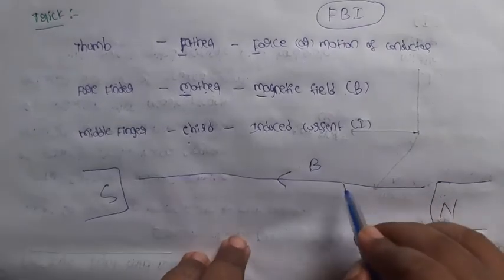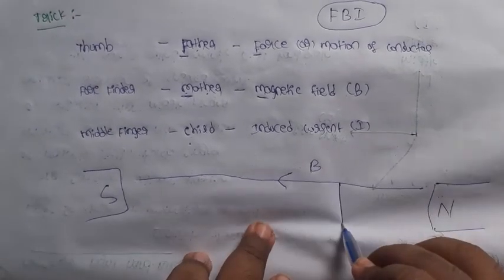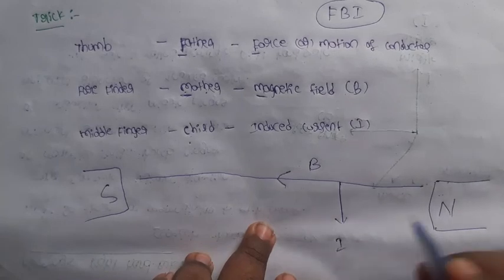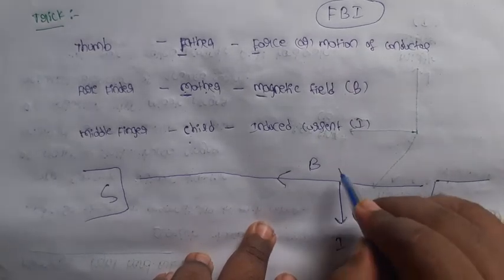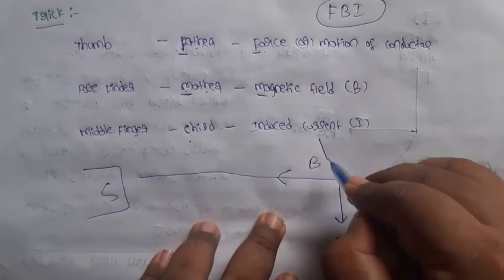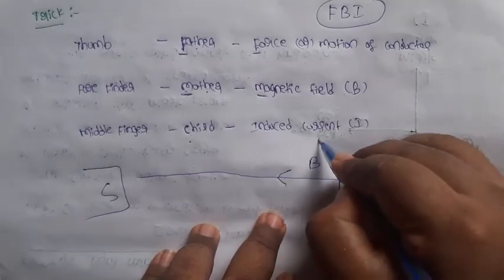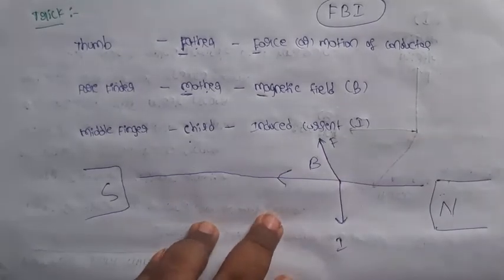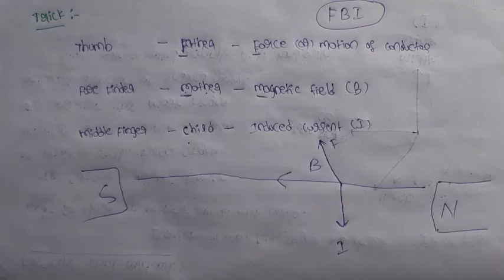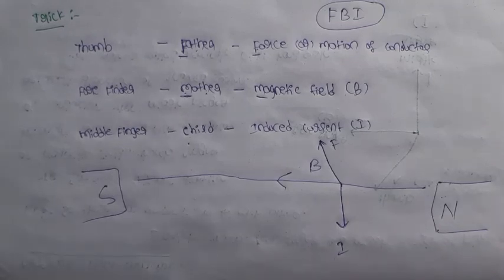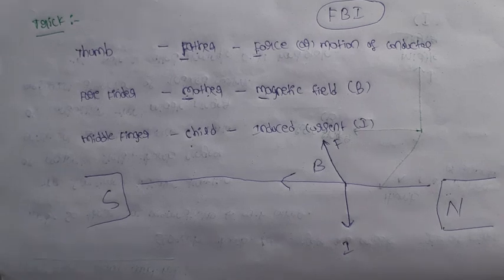From the conductor, the induced current direction is downward. Force acting is in the outward direction of the conductor. Like this, you can apply Fleming's right hand rule for any conductor. This is all about Fleming's right hand rule.